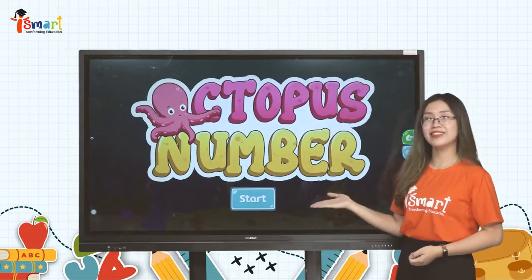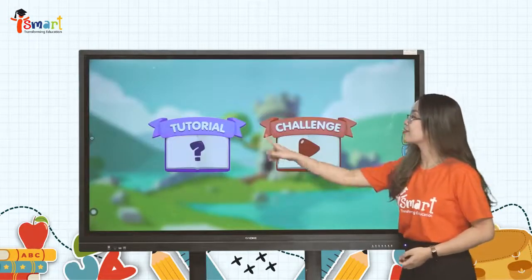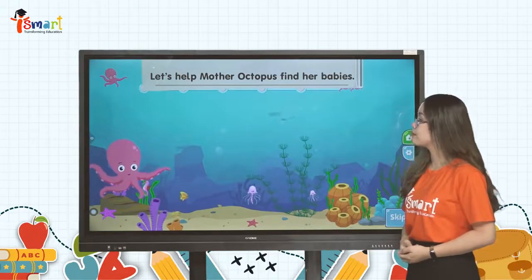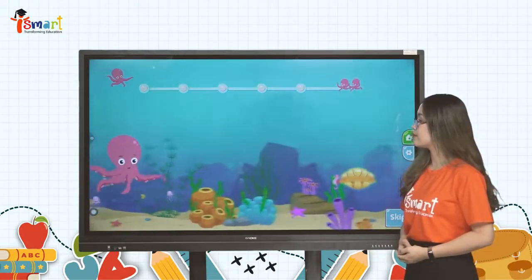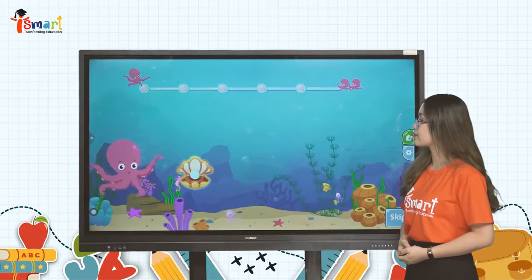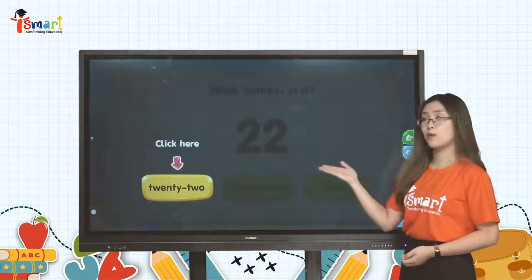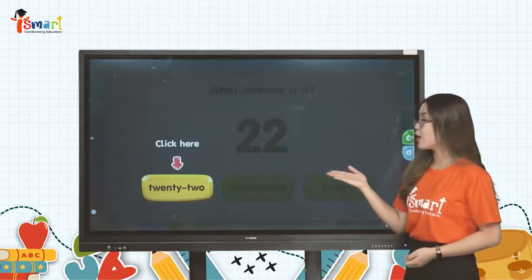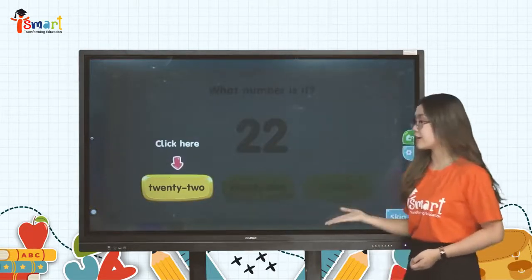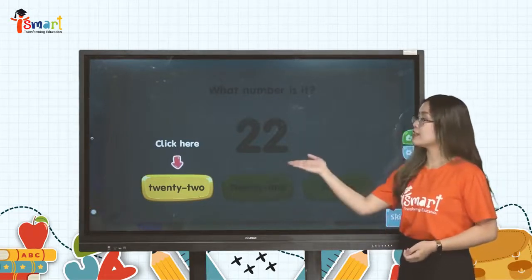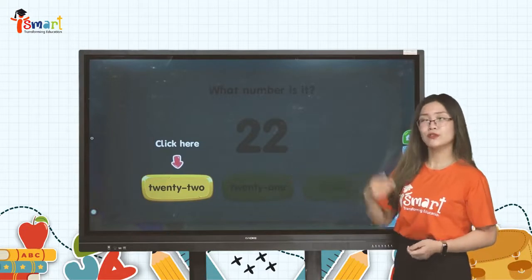Octopus numbers. Let's help Mother Octopus find her babies. What number is it? We have 3 answers here. So, yes, this is 22, right?